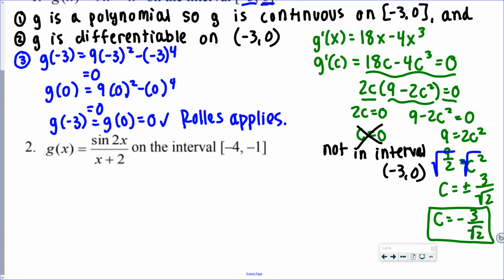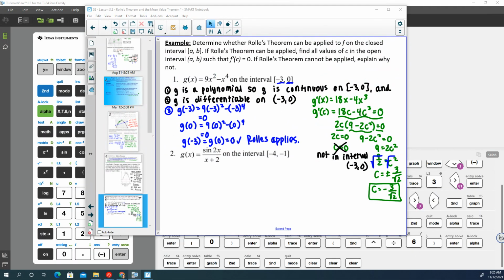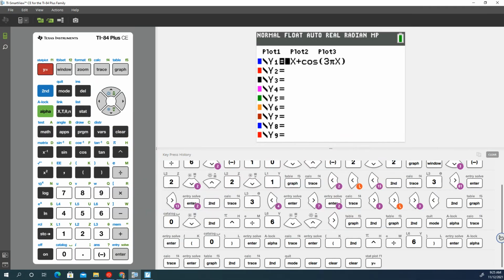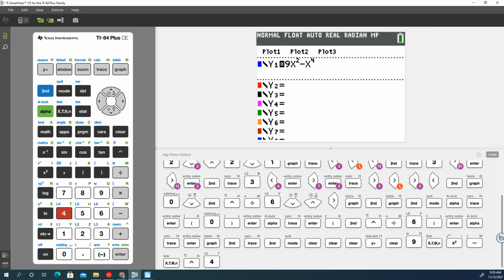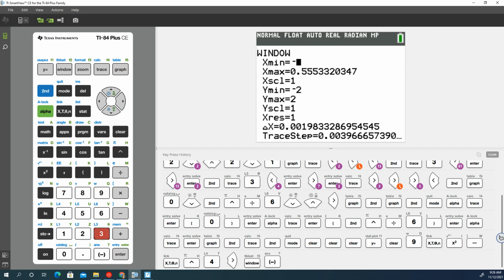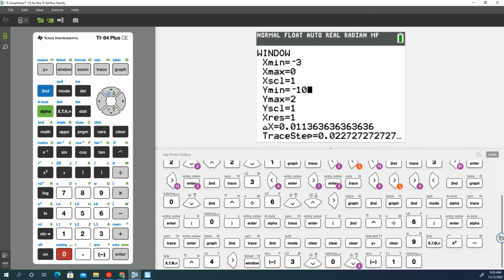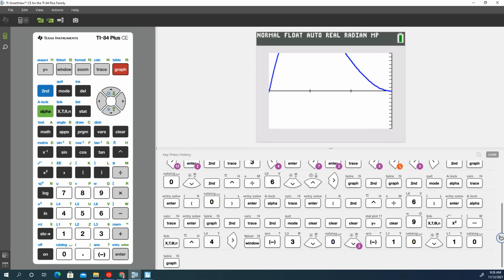We could look at this on a graphing calculator really quick, just to show you that. So here is my polynomial. I only want to look from -3 to 0. Okay, I'm just going to go back to my -10 to 10, just to see how that looks. Okay, we need to go higher.